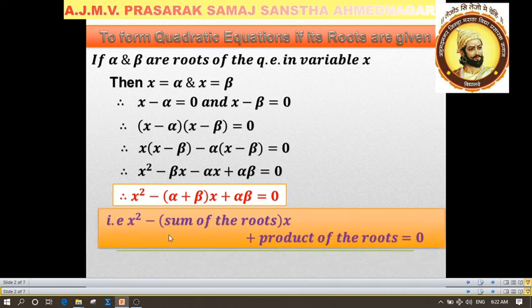That is, in a word, x square minus sum of the roots into x plus product of the roots is equal to 0. It means that if we know the sum of the roots and product of the roots for the required quadratic equation, then we can obtain that quadratic equation.